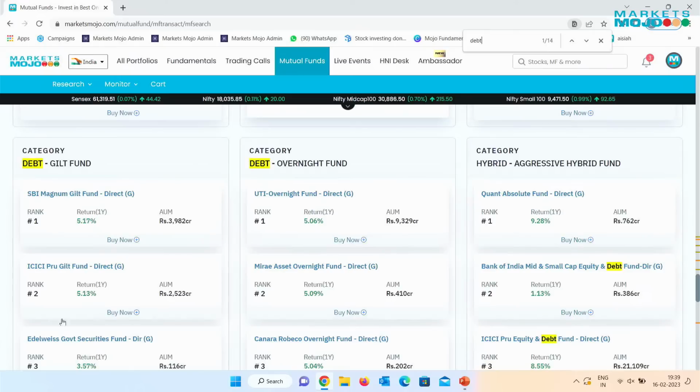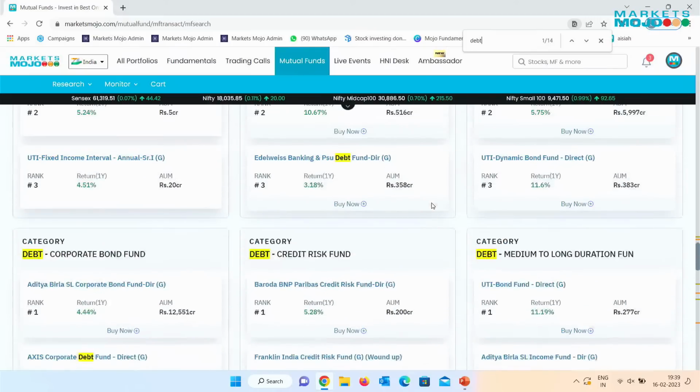So this is relatively safer. So this is something you can consider if you have money in your savings account and you want something which is very safe, you can look at gilt funds. Okay, so these are investing in securities backed by the country, so they are much safer. And overnight, which is the safest of all, because they invest in funds which mature overnight. So there's hardly any duration for that particular bond and it is much safer.